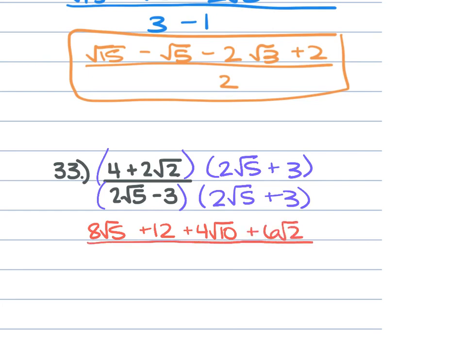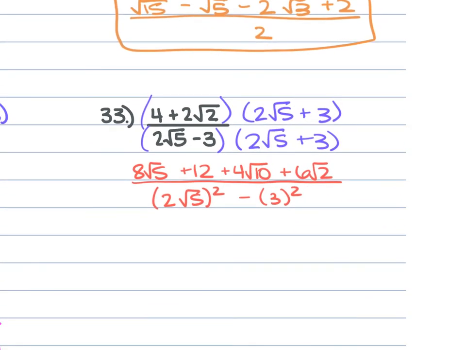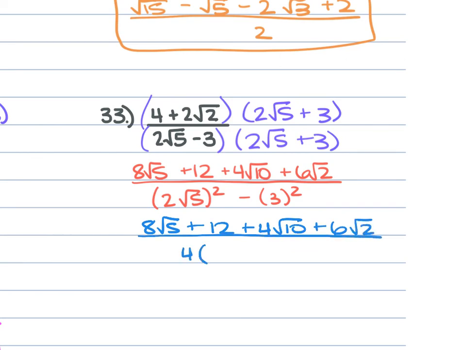For our bottom, since it's a difference of squares, we can do 2 square root 5 squared minus 3 squared. So this is going to leave us with 8 square root 5 plus 12 plus 4 square root 10 plus 6 square root 2 all over 2 times 2 is 4 times 5 minus 9.